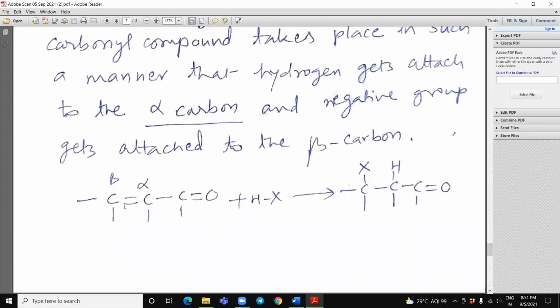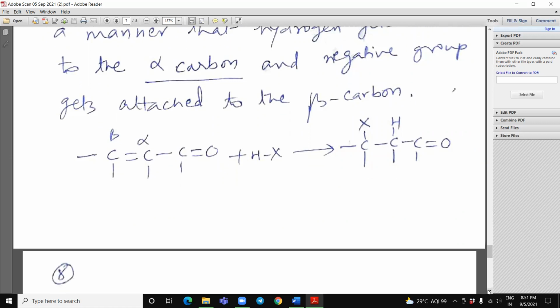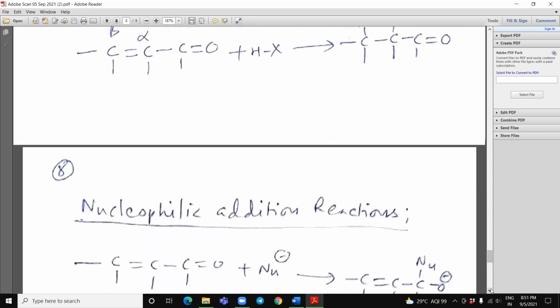See here, this is the alpha carbon and beta carbon. So the positive part, the electrophile, is added to the alpha carbon and the negative part will attach to the beta carbon. So it is electrophilic addition to an alpha beta unsaturated ketone.